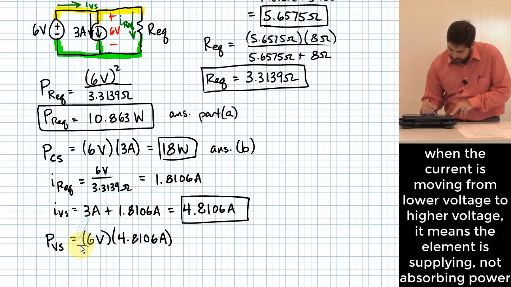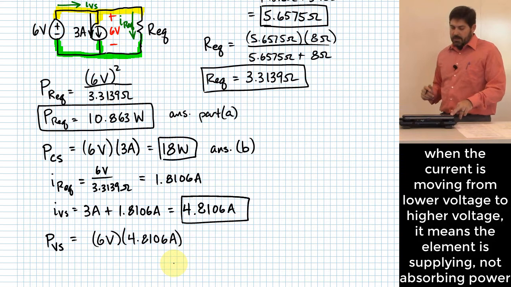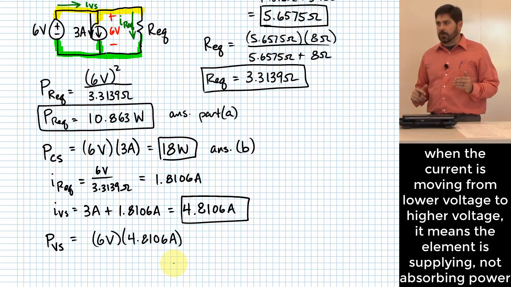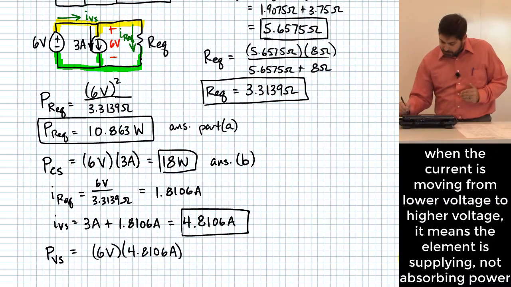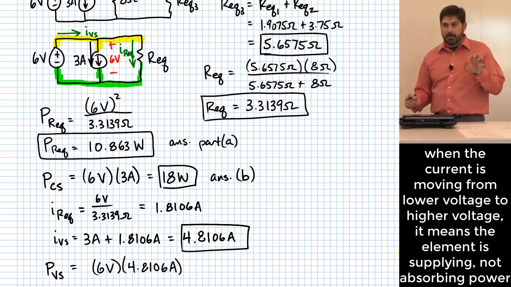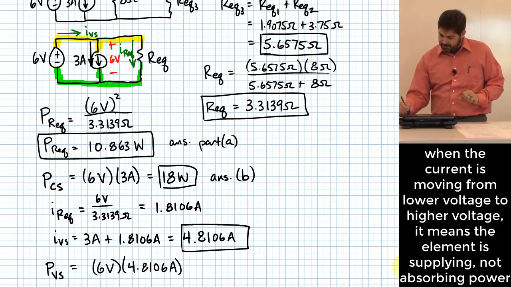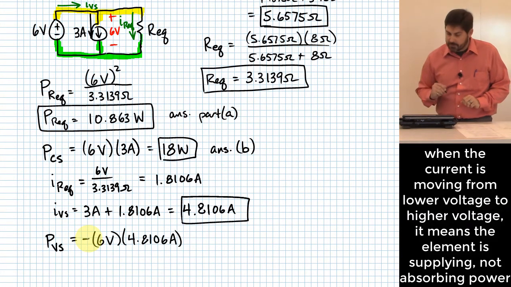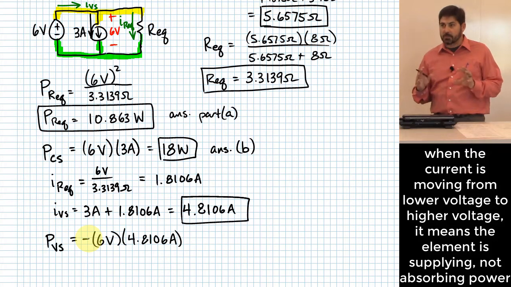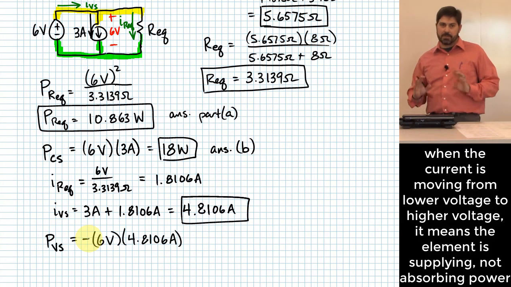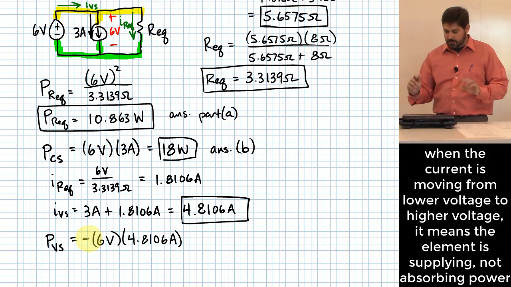Now, before I actually write anything else here, is the voltage source supplying power or absorbing power? So, if what I'm trying to do is specify my powers in terms of absorbing, what do I need to do? I need to make this a negative value because I'm trying to express it in terms of absorbing power as opposed to supplying power, right?